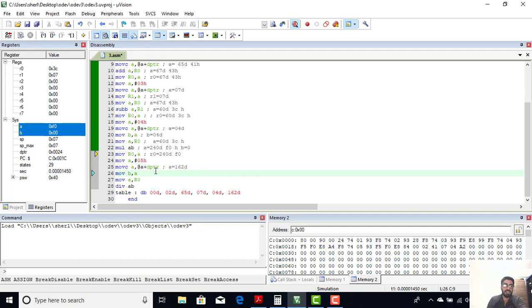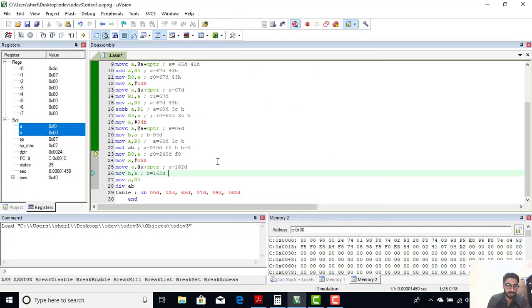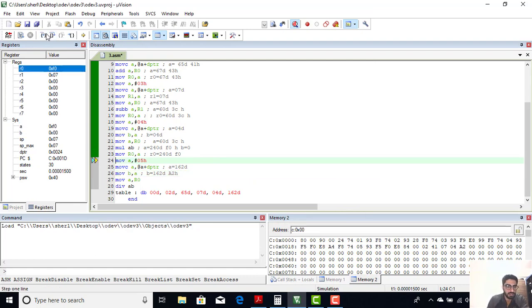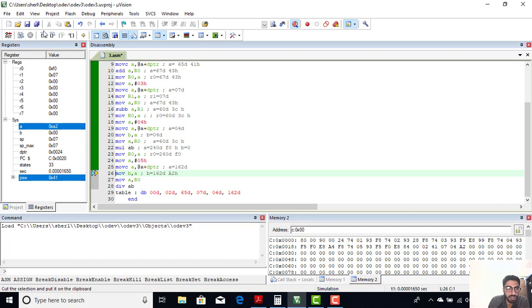Now we will move it again to be the same as previous, 162 decimal, which is A2 hex. Move and see. Yeah, A5, then pick it, so it's A2 hex.